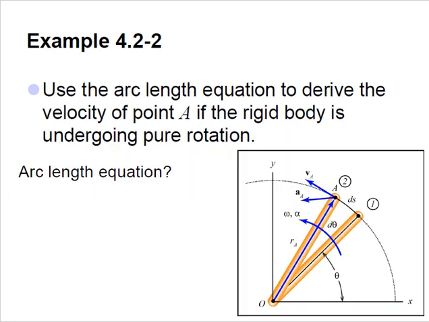Okay. The next example is also from your interactive textbook. We're going to use the arc length equation to derive the velocity of a point A, and our rigid body is AB, this rod, and that rod is going through pure rotation.